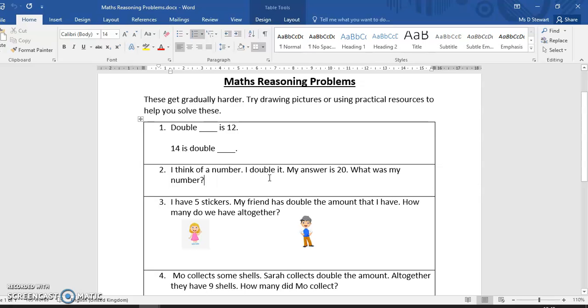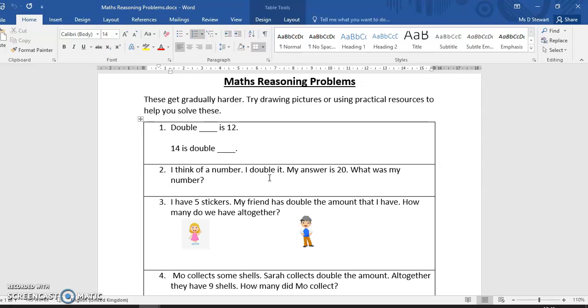Next is this one. I think of a number. I double it. My answer is 20. What was my number? If we go backwards, to get back to the number they were thinking of, we can halve. Halving is the opposite of doubling. So think about what number you double to make 20. What number you need 2 of.